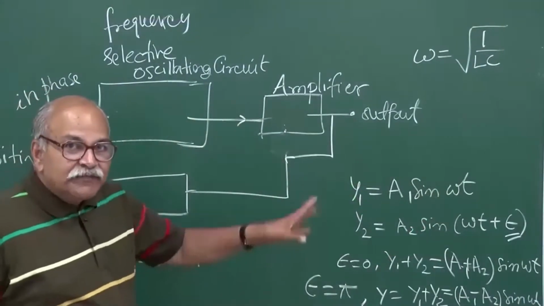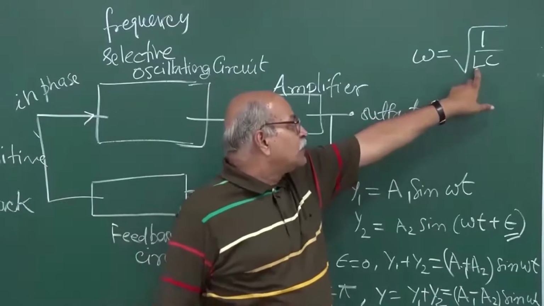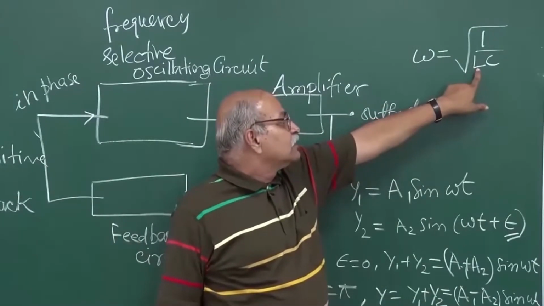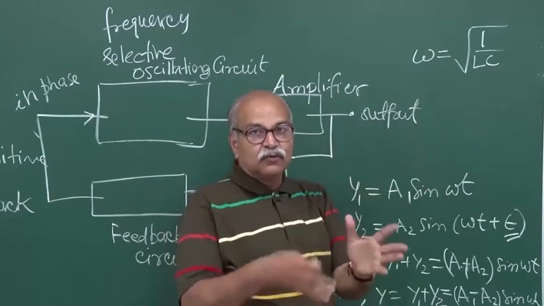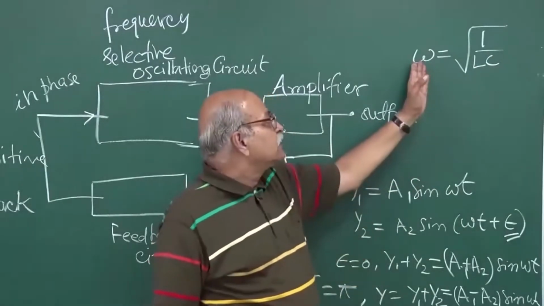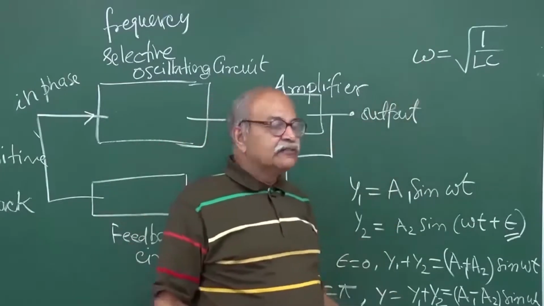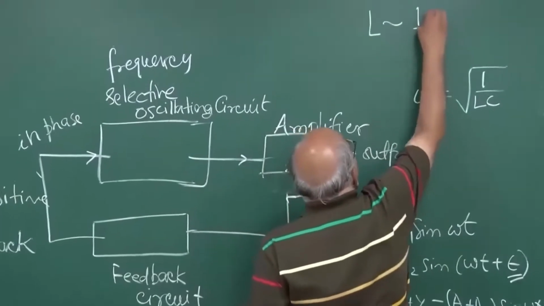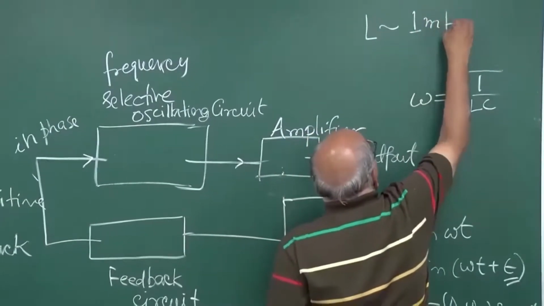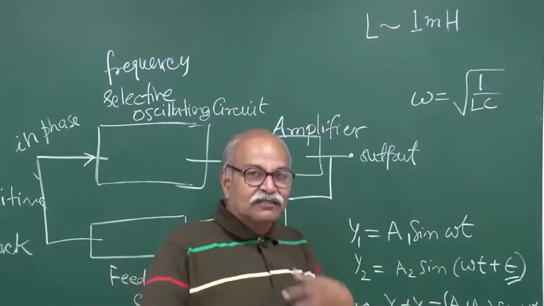So typically, if you look at this expression and use the commonly available inductors and capacitances, and you put those values, then you can see that this omega, or this frequency, will be in the kilohertz region. For example, L, inductor, say let us say 1 millihenry, that is typically of that order.